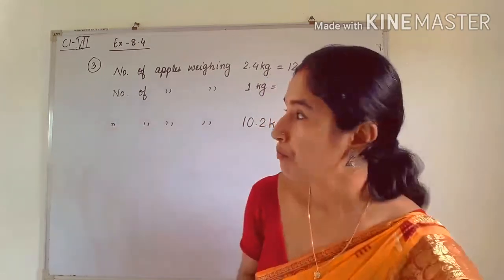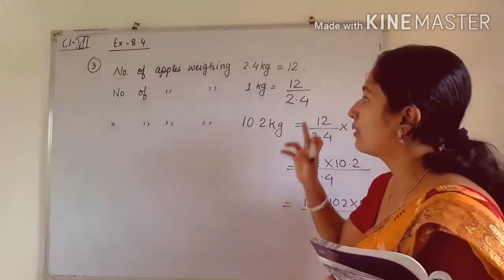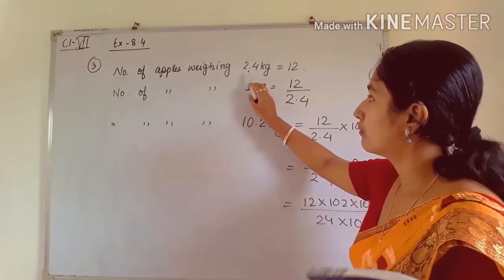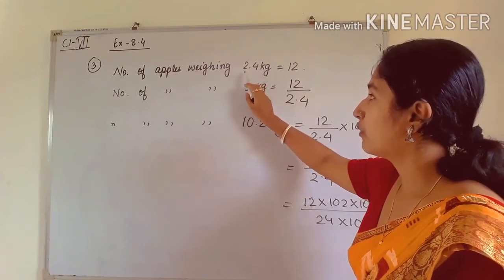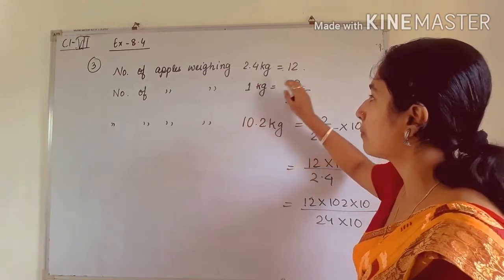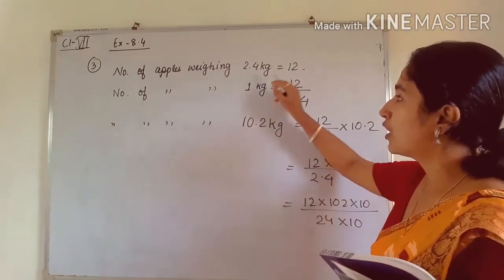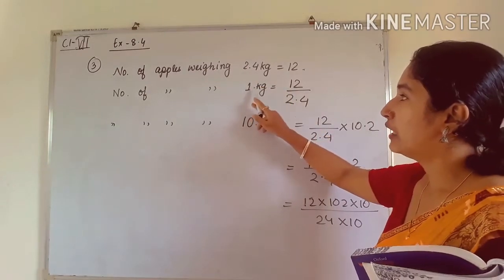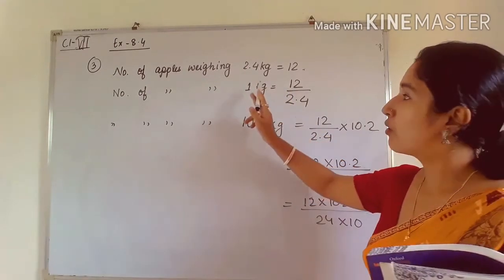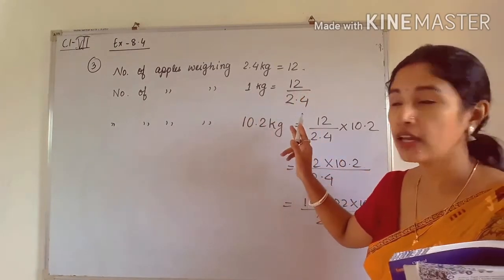Okay. So see, the number of apples weighing 2.4 kg. How many apples are there having weight 2.4 kg? If the total weight is 2.4 kg, then the number of apples in this is 12. So the number of apples weighing 1 kg will be, if you want to find for 1, then you know it will be less, because in 1 kg the number of apples should be less than this one.